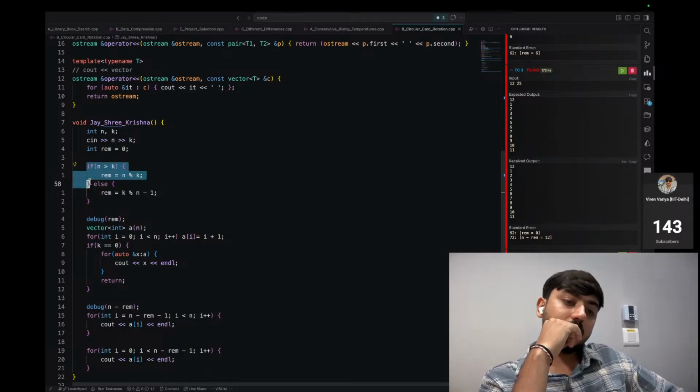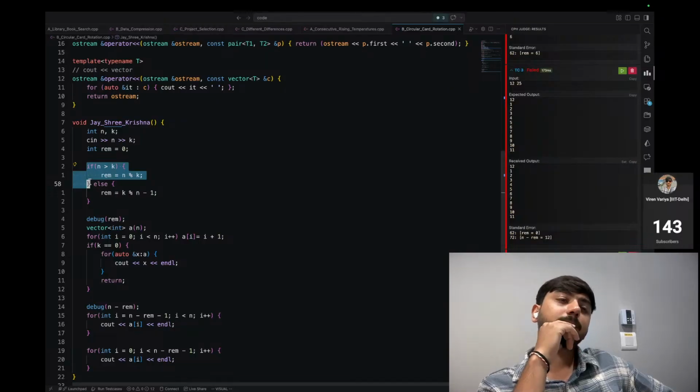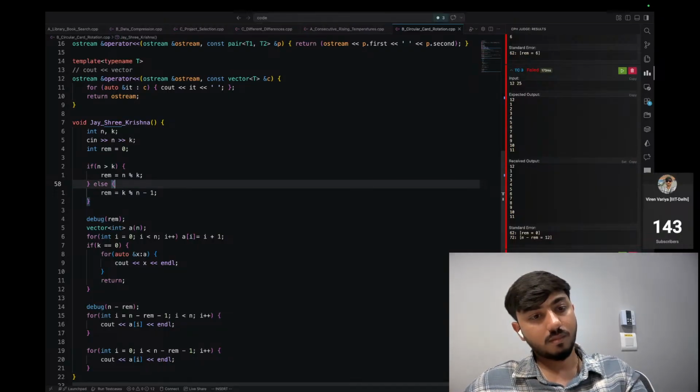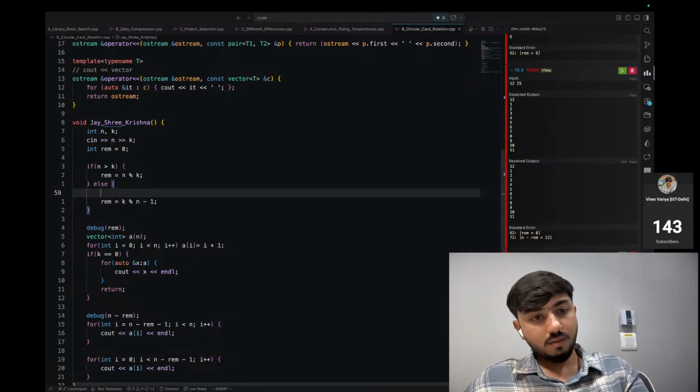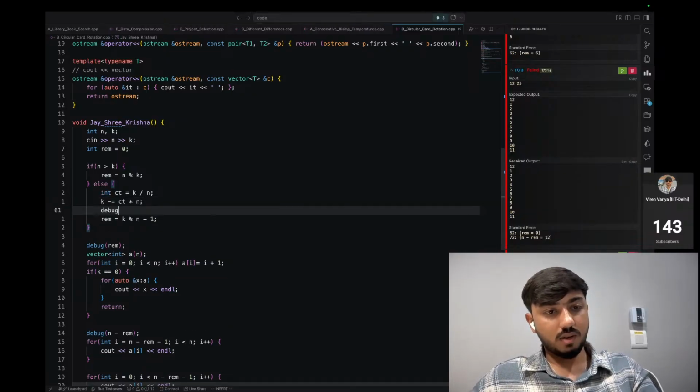If the remainder is such that after n shifts we are at the original configuration, right? And we do this, count is equal to k by n, k minus equal to count into n, then debug k.